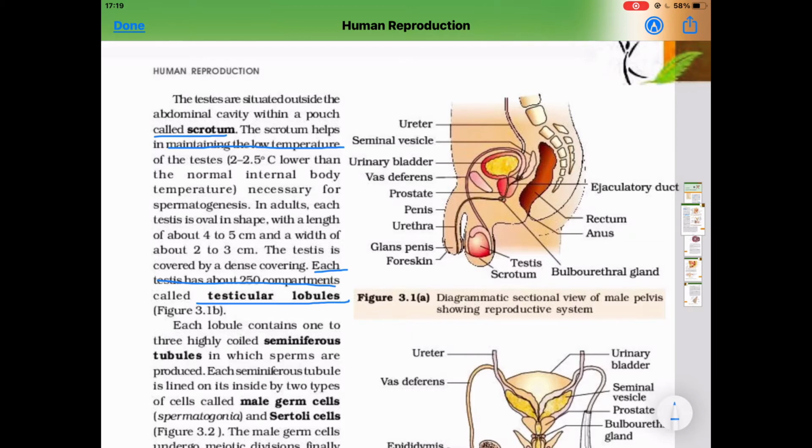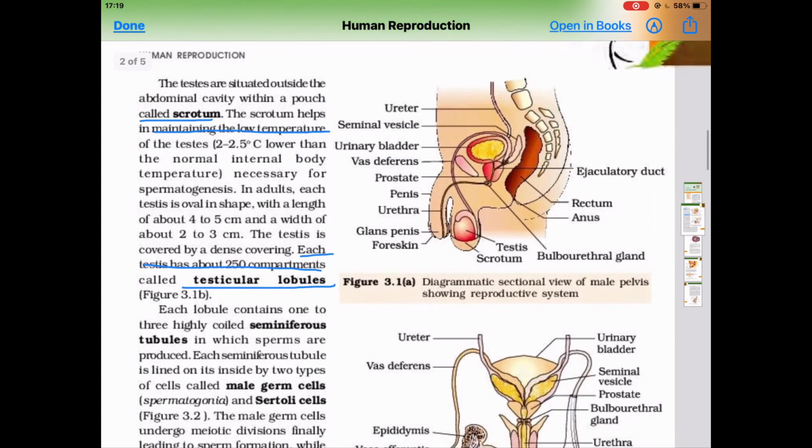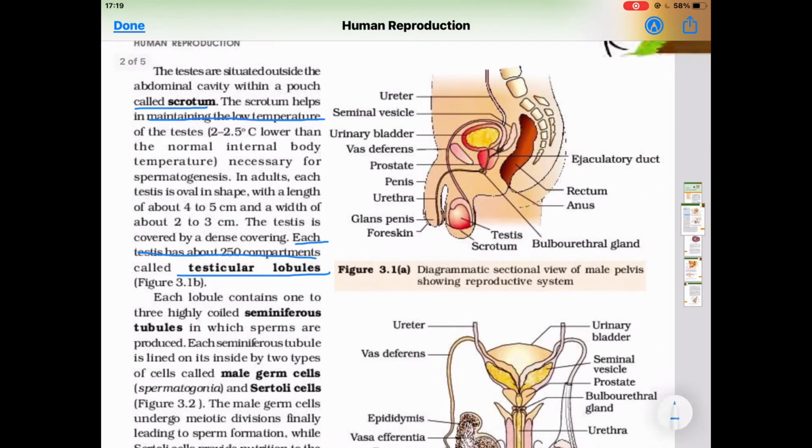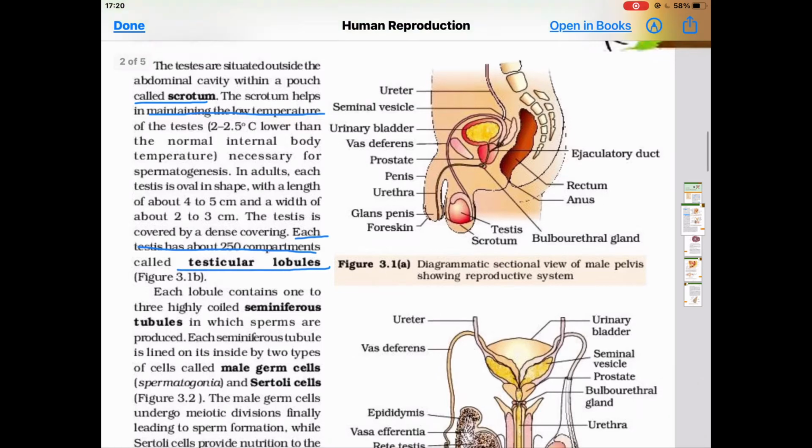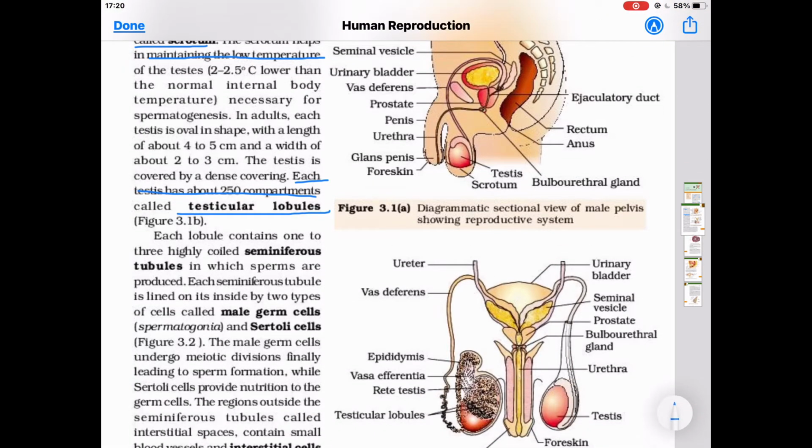Because in male a pair of testes is present, in a male total 500 testicular lobules are present. Each lobule contains 1 to 3 highly coiled seminiferous tubules in which sperms are produced.